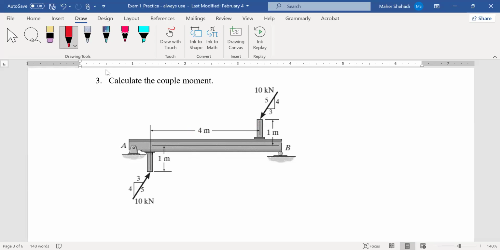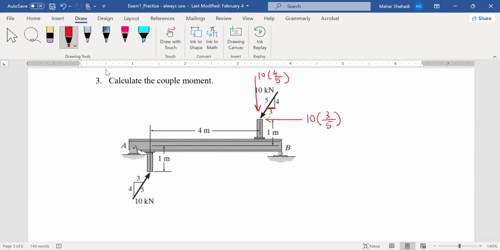So if you decompose the components of this force here, you will get one force to the left, that's 10 times 3, the x component, over 5, the hypotenuse. And the y would be 10 times 4 divided by 5.